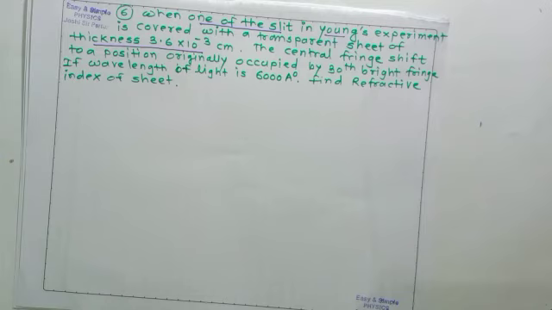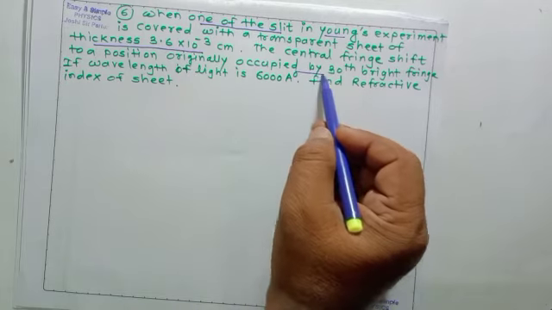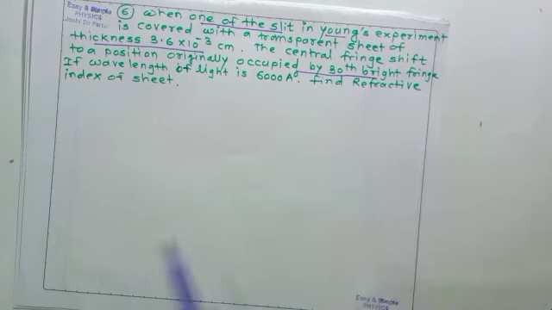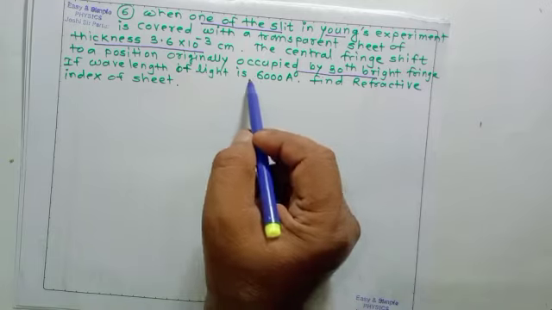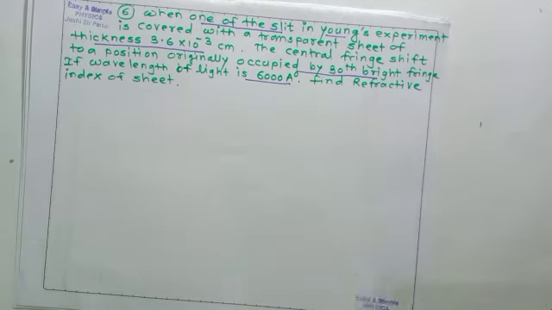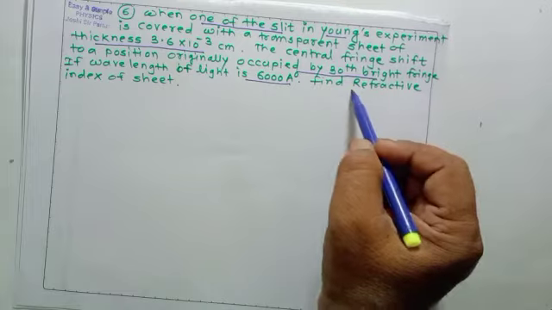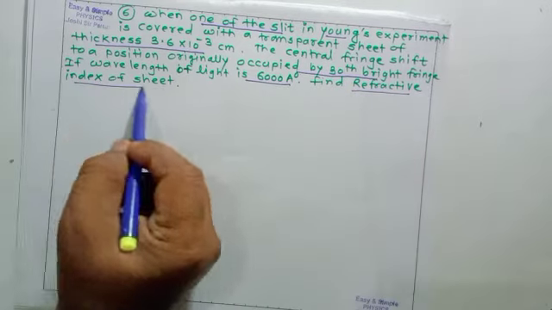The central fringe shifts to a position originally occupied by the 30th bright fringe. If the wavelength of light is 6000 angstrom units, find the refractive index of the sheet.